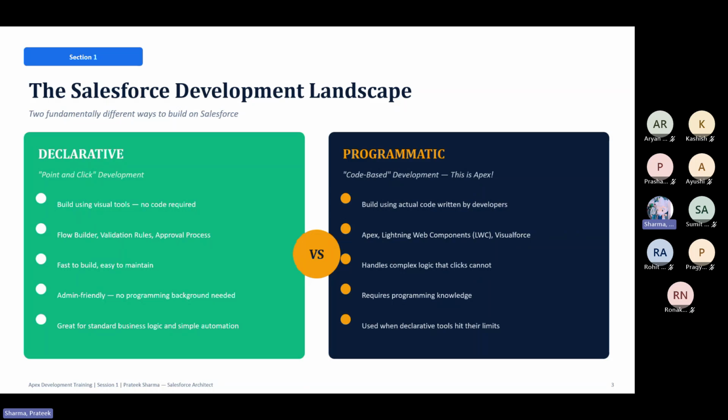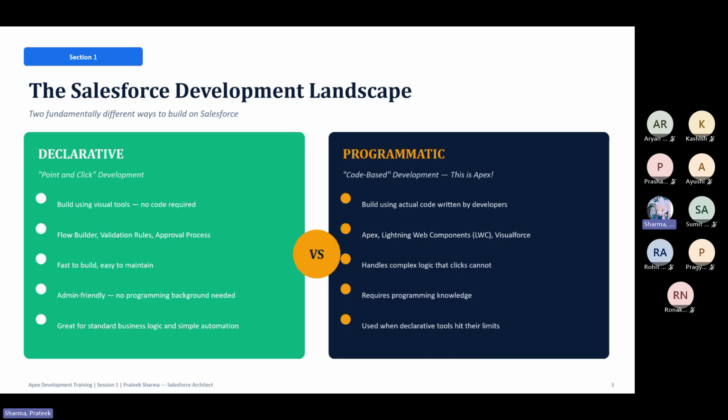This is fast to build, easy to maintain, admin friendly, no programming background is required, and you can use it for simple automation, simple business logic, simple business problems, whereas Apex programming is used for more complex tasks. We'll discuss some live scenarios in this course.